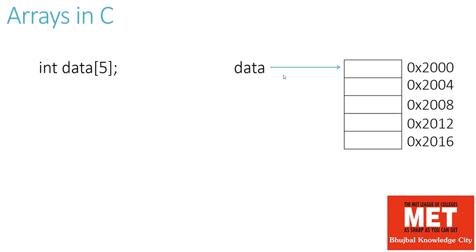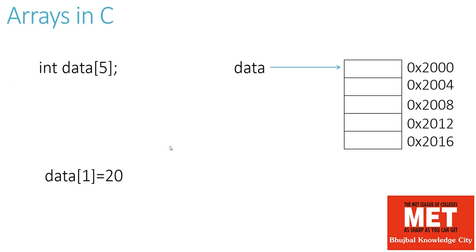To access each element of the array, we have to use index. The array indexing starts from 0, whereas the last index is size of array minus 1. We can access the element at a specific location using data of 1 equal to 20.